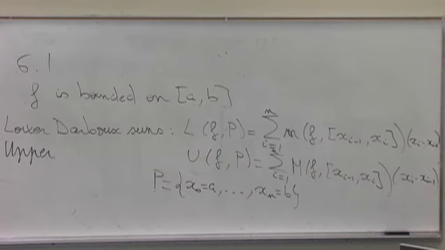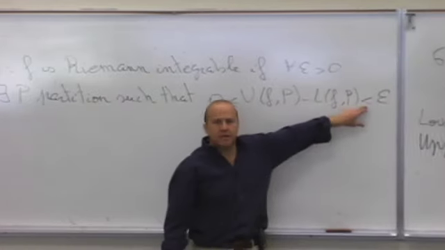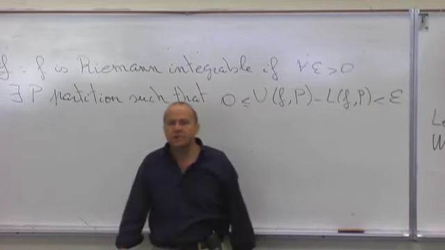if for every epsilon you can find a partition such that the difference between the upper and the lower Darboux sum can be squeezed between 0 and epsilon. I know I put a large inequality in my definition in my notes.